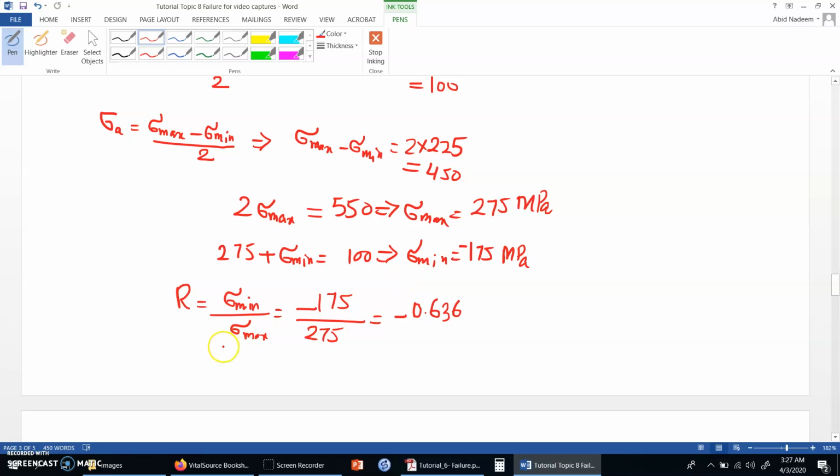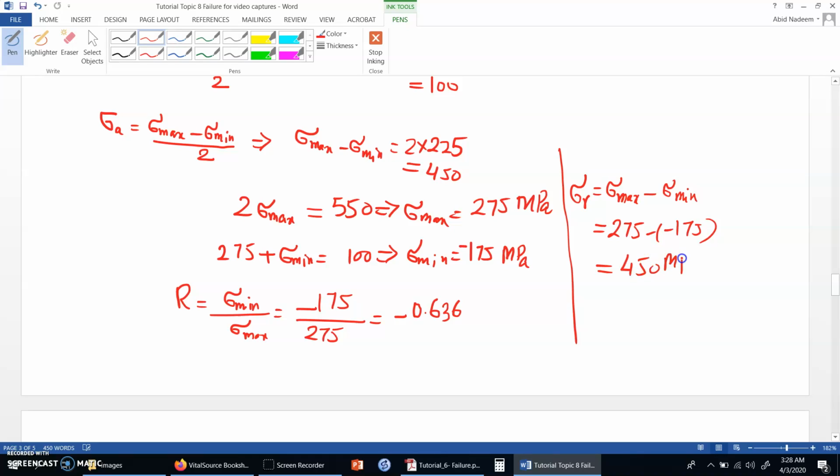Stress range sigma R is equal to sigma max minus sigma min. So it will be equal to 275 minus minus 175, so it will be 450 megapascal.